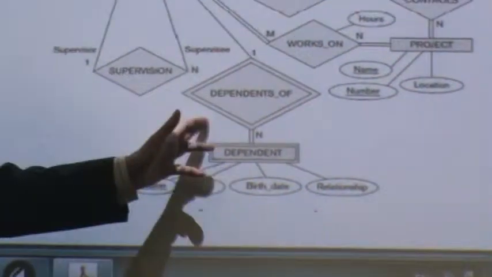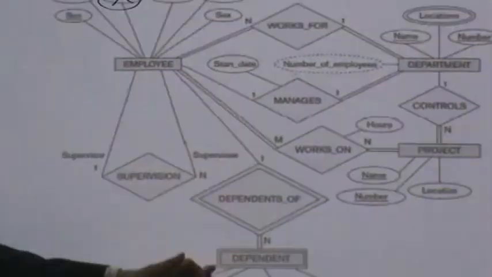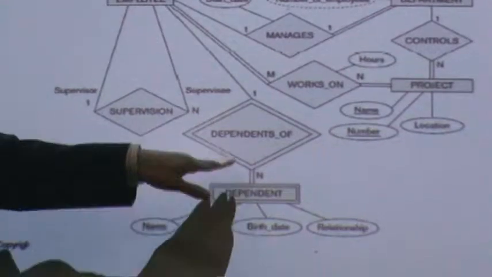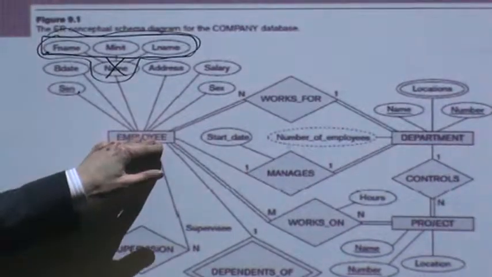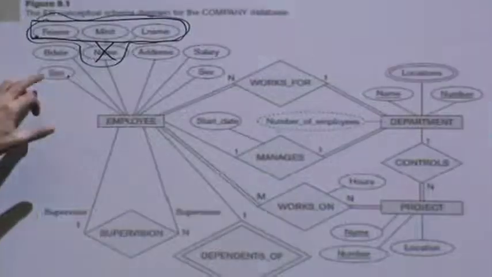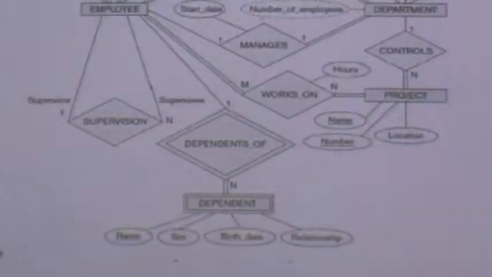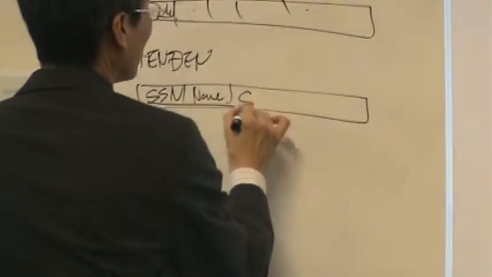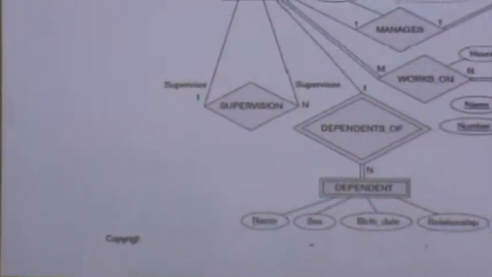So with the help of the identifying relationship, we can identify the specific dependent, the tuple, with the help of the key of the identified entity. So which means social security number plus name. Social security number plus name can be the primary key, composite primary key, and the other can be the attribute. That is the step 2.